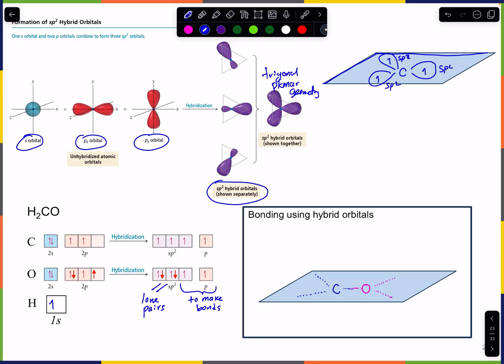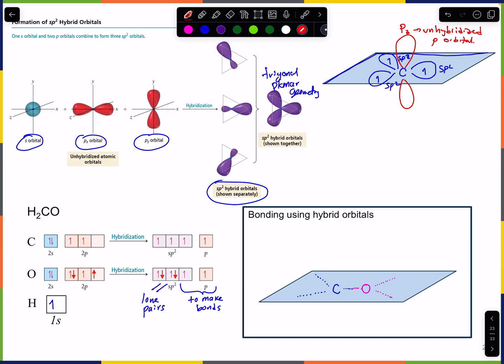But then there is one unhybridized orbital. That unhybridized orbital will be here, above and below the plane. This red thing is representing the p orbital. In this case, it will be the pz orbital, the corresponding unhybridized p orbital.